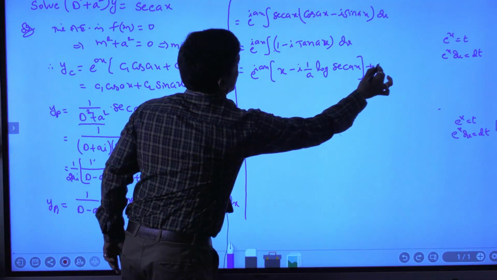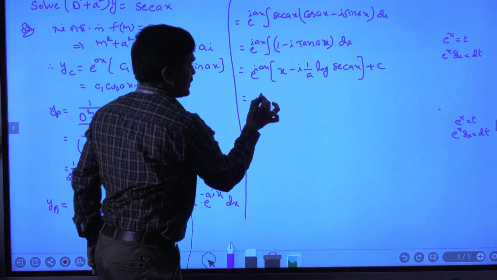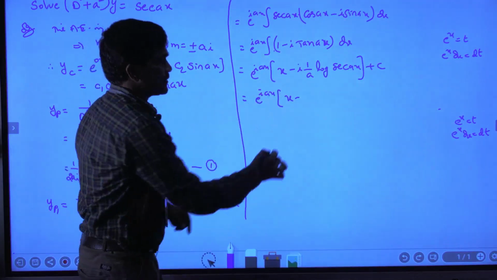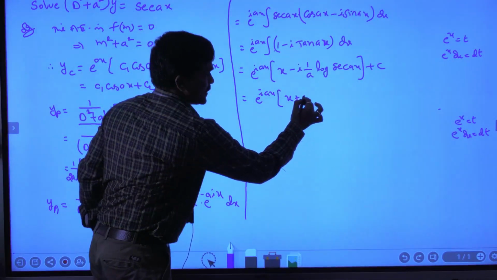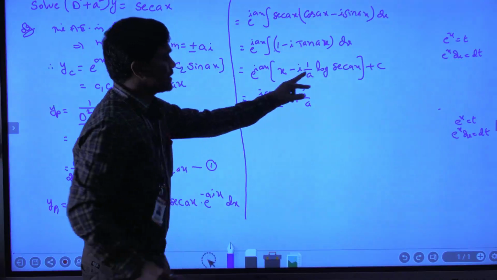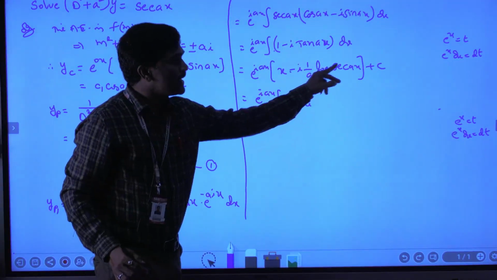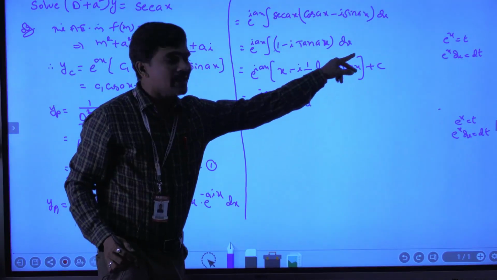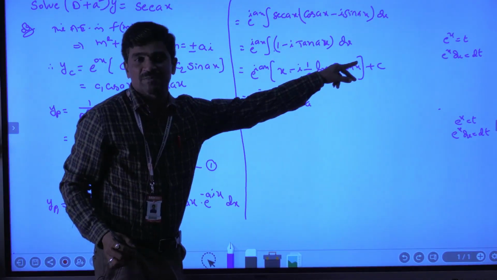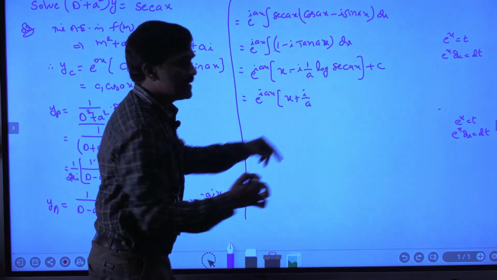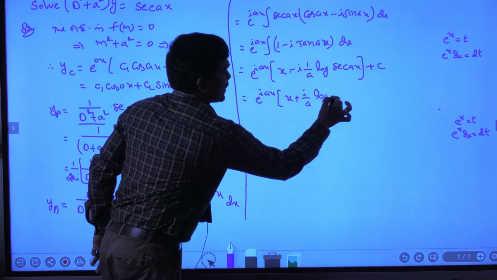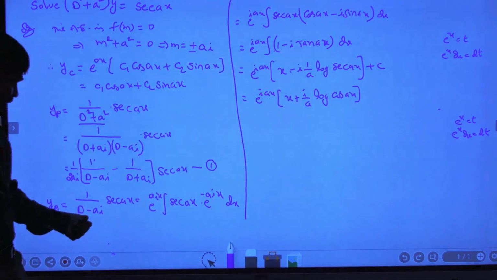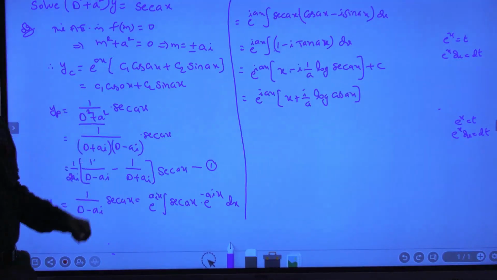So this is e power iax into x plus i by a log cos ax, since minus log secant ax is log of secant ax inverse, and 1 by secant is cos. So this is the particular integral 1 by D minus ai into secant ax.